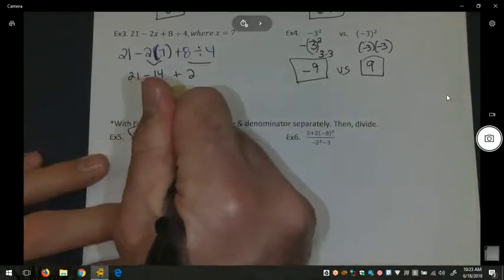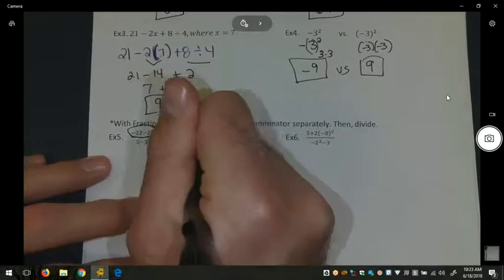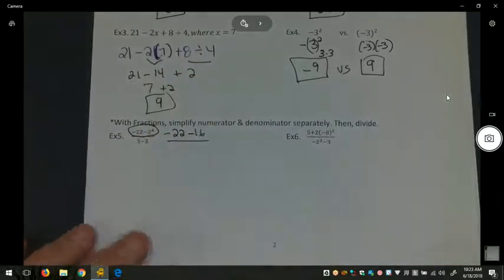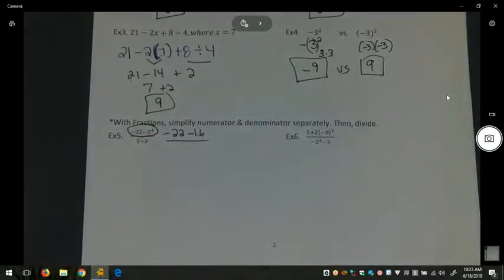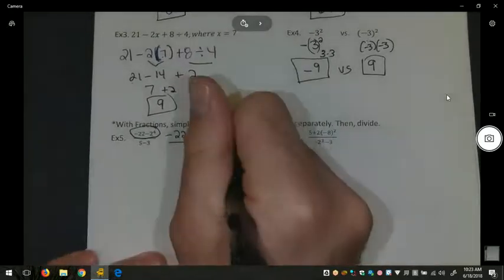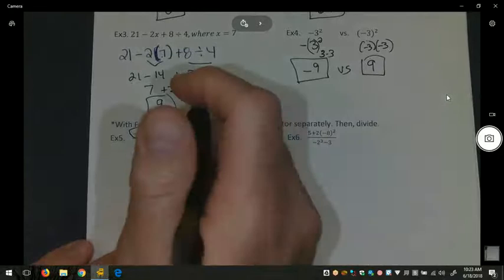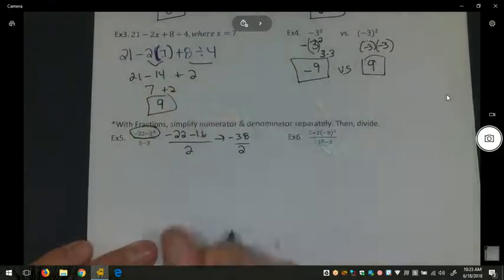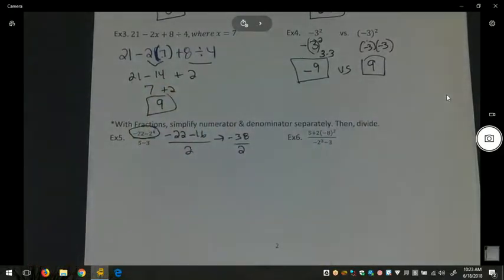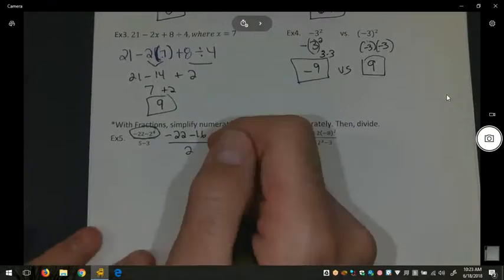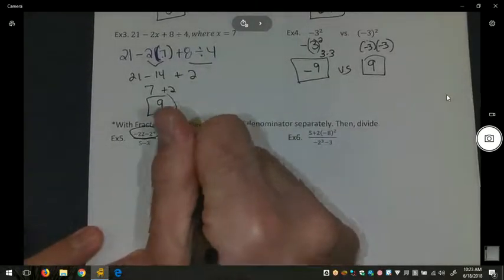So negative 22 minus 16 is our numerator. Negative 22 minus 16 is negative 38. So there's my numerator. 5 minus 3 is 2. Negative 38 divided by 2 is negative 19.